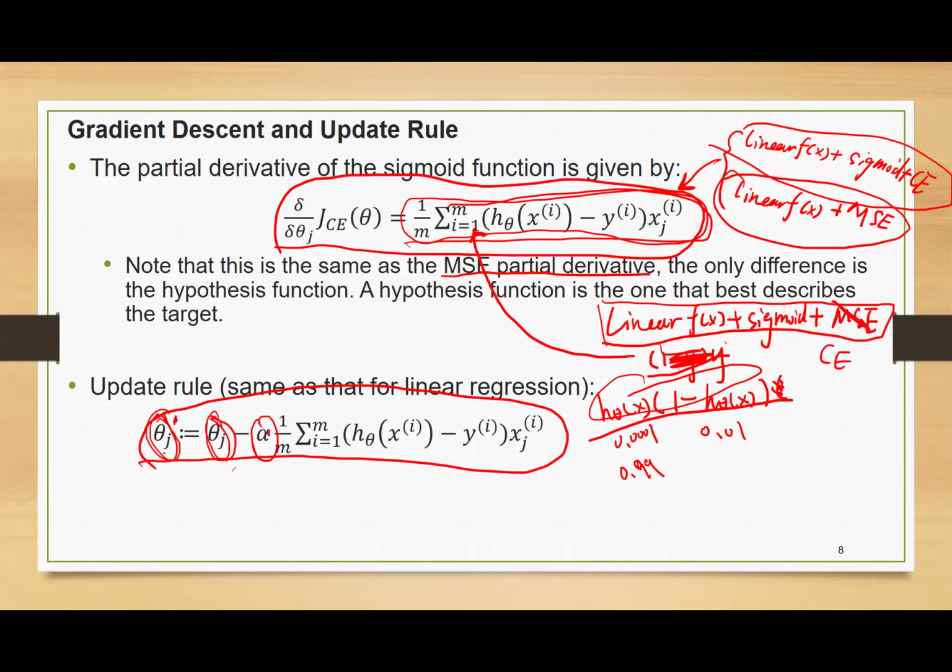So just see these as two different things, but in the coding, they are the same. In a mathematical way, we need to distinguish them. So the next theta j is equal to the current theta j minus the learning rate multiplied by the gradient. This is the update rule that we've already talked about in the previous class.